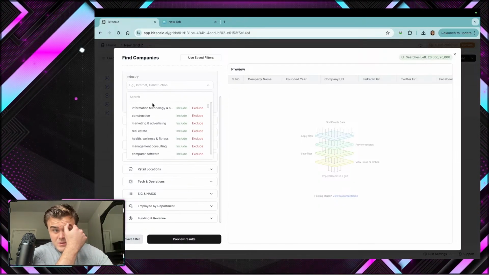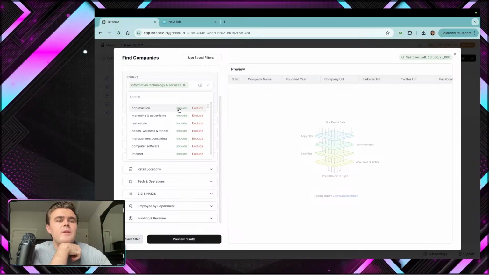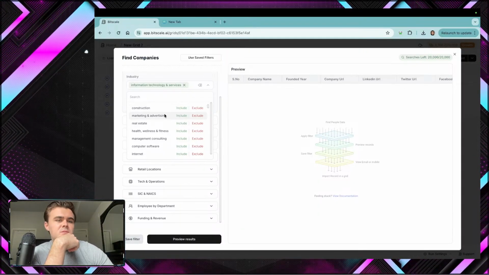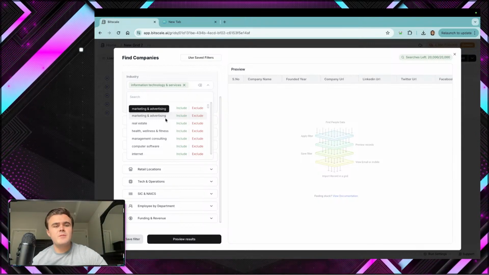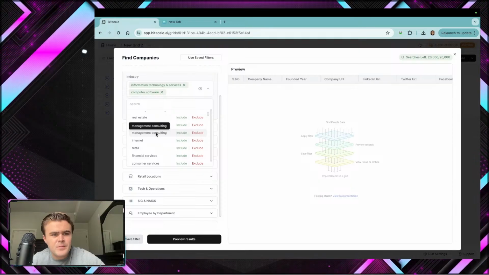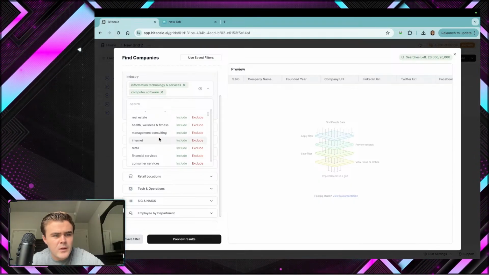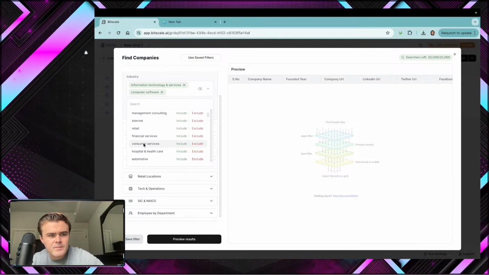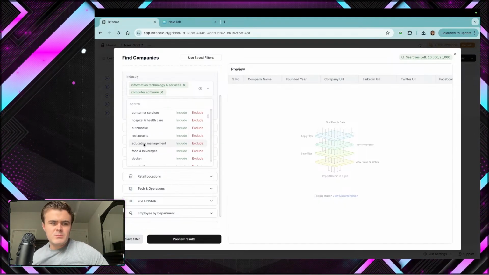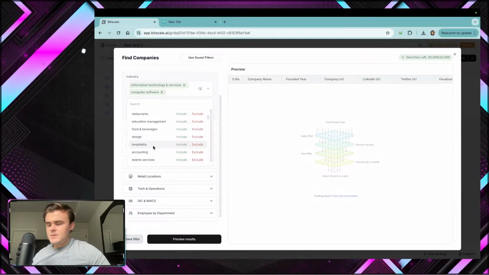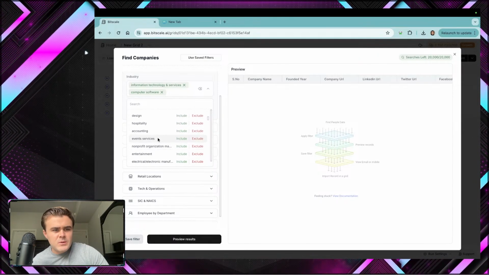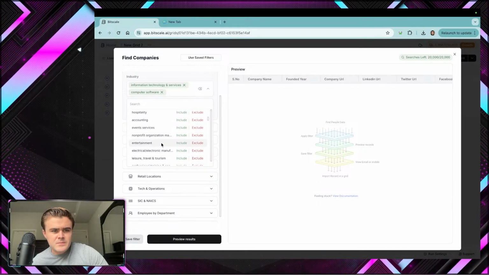So a couple things we could do here. I know information technology and services is where a lot of SaaS companies identify themselves. There's also computer software, and usually software development, automotive, restaurants, education management. Let's stick with these two for now.